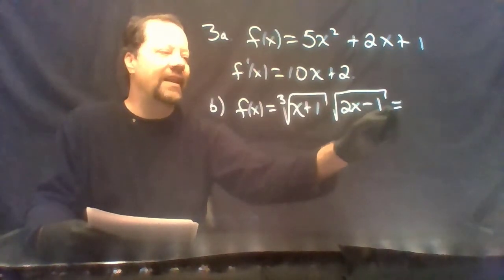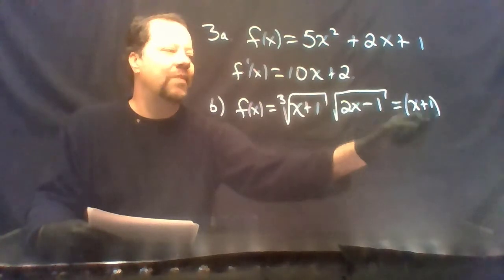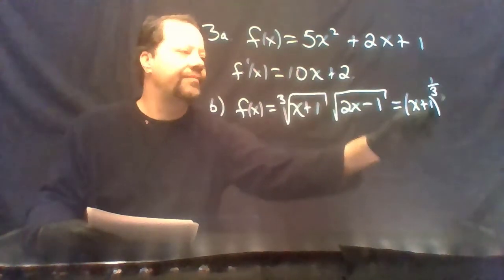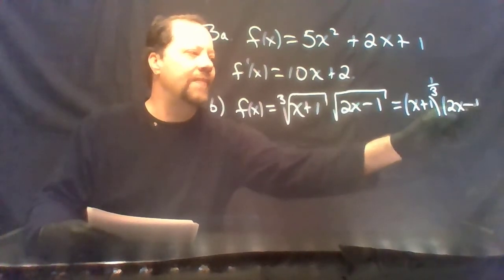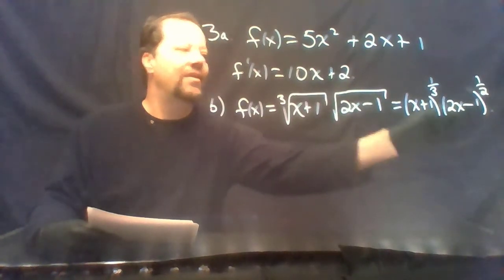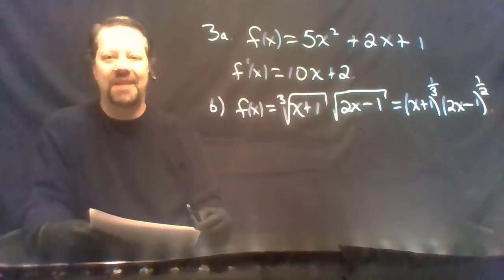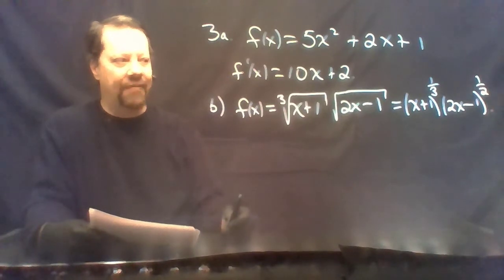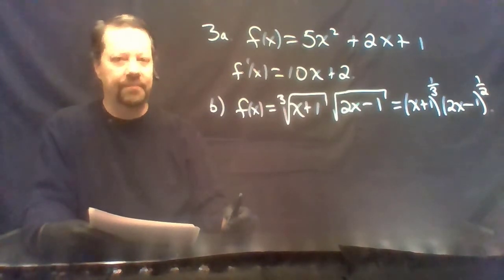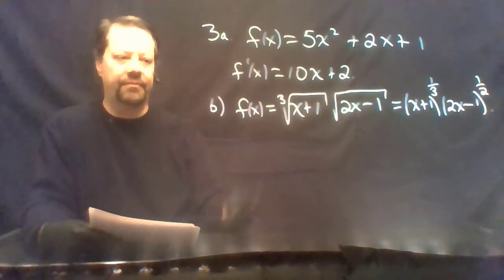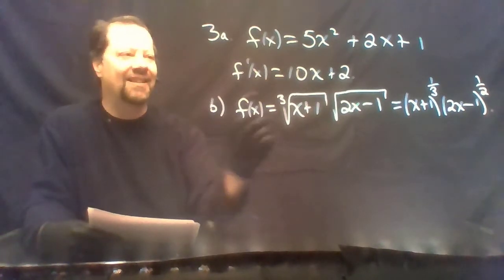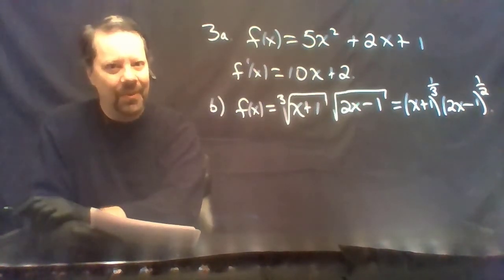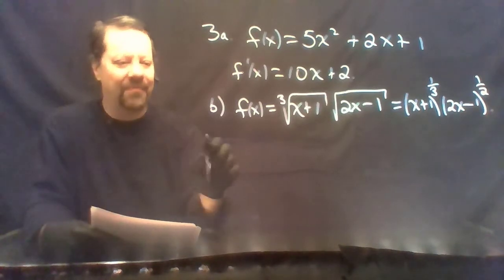So I'm going to write equals x plus 1 to the 1/3 times the quantity 2x minus 1 to the 1/2. Now, you can see that we have to apply the product rule, the chain rule, power rule. You should know the rules that you're applying and their names.